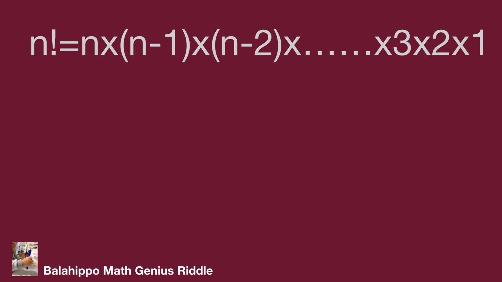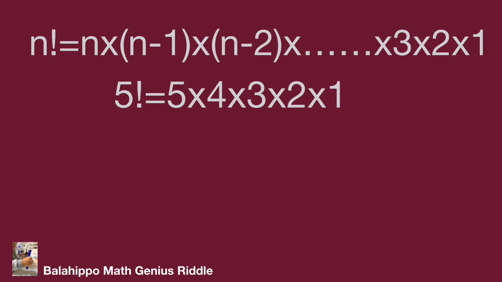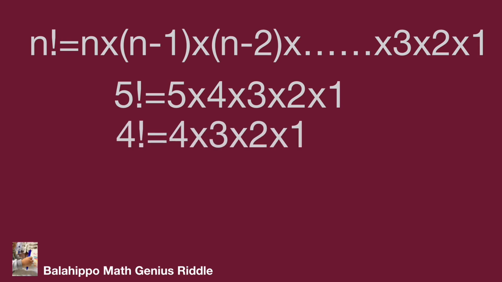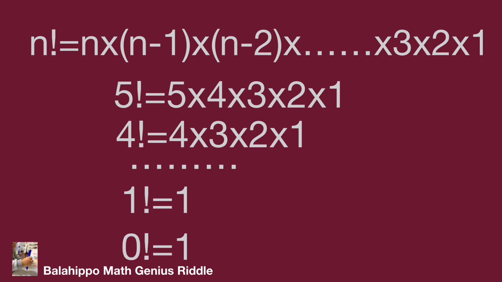For example, 5 factorial equals 5 times 4 times 3 times 2 times 1. 4 factorial equals 4 times 3 times 2 times 1. Same definition for each factorial value. Then 1 factorial equals 1, and 0 factorial equals 1.